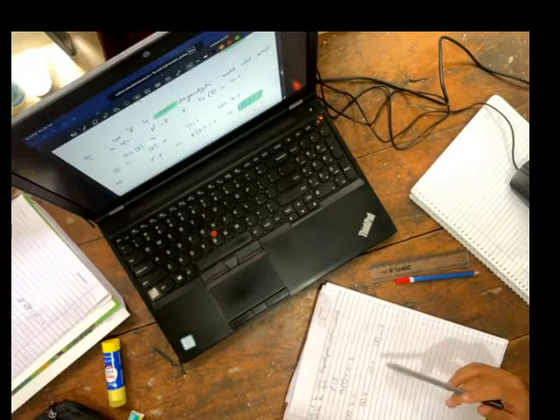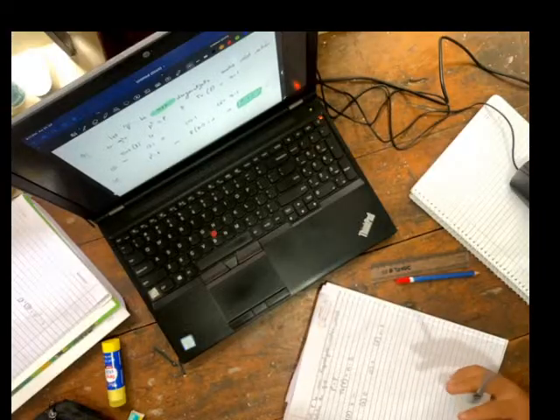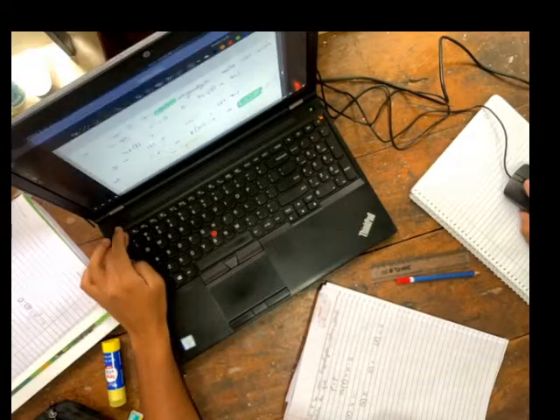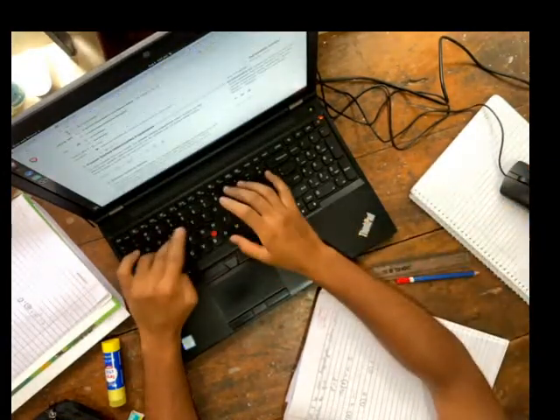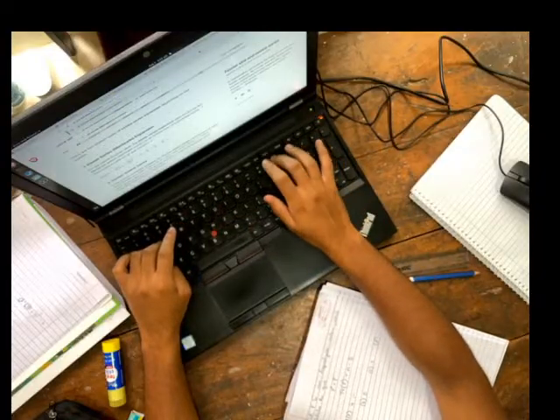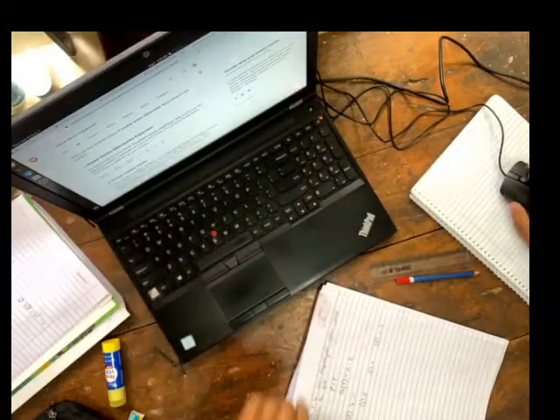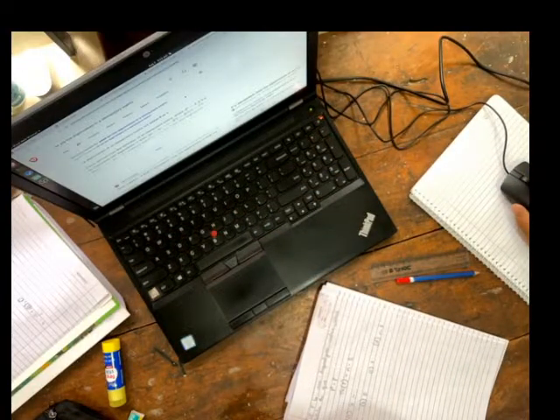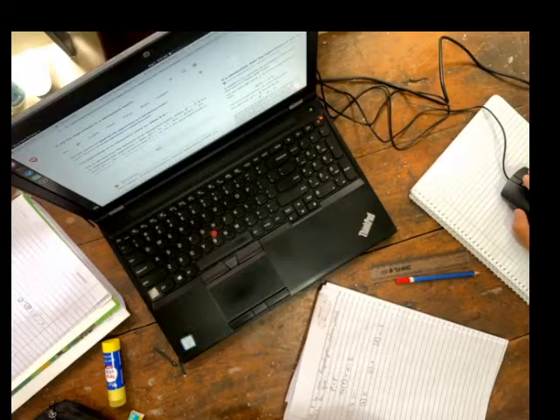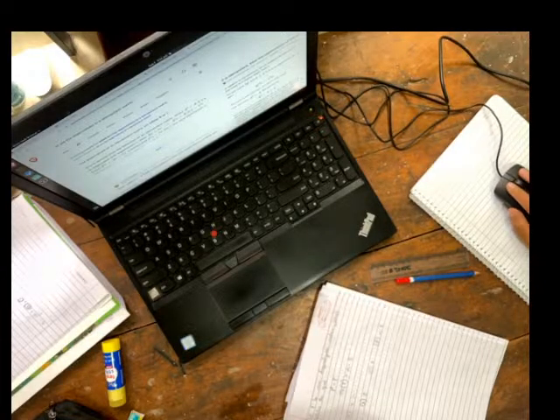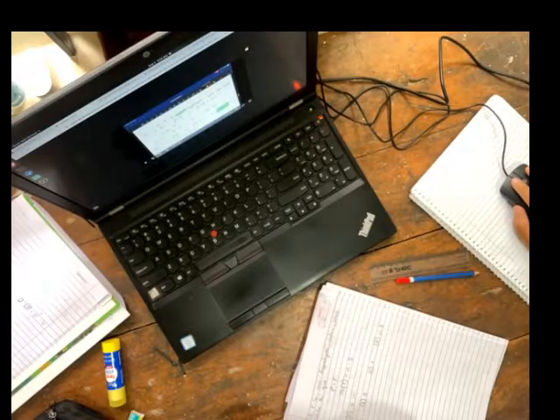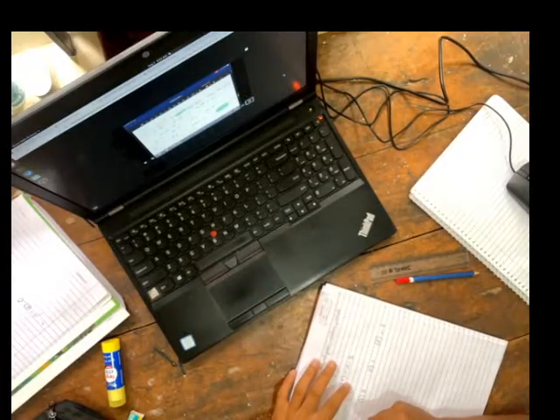Now the matrix satisfies P square is equal to P, which guarantees that its eigenvalues are either 0 or 1.